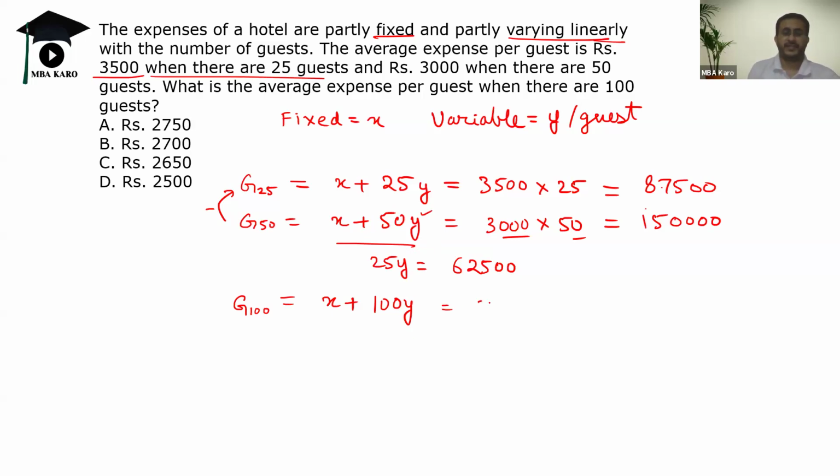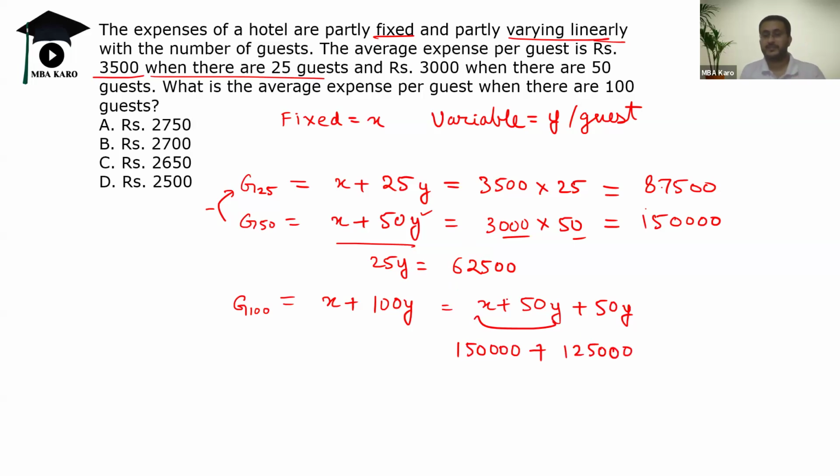So can we say that it is X plus 50Y plus 50Y more? So X plus 50Y is 15 followed by 4 zeros. 25Y is this, multiply by 2, that is 125, 1250 and 2 zeros. Okay, so we get this. We did not calculate the value of X and Y separately.